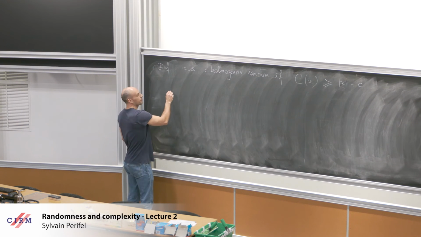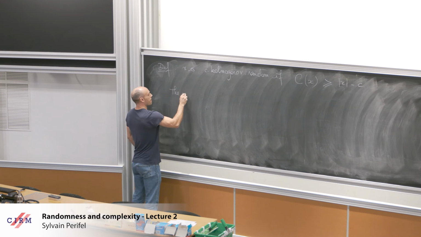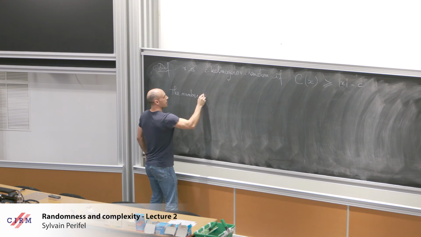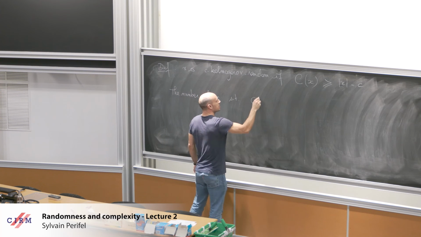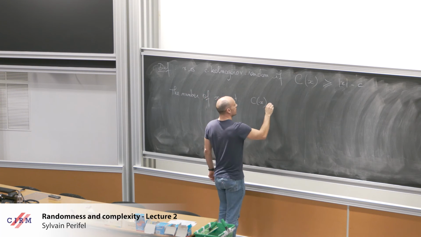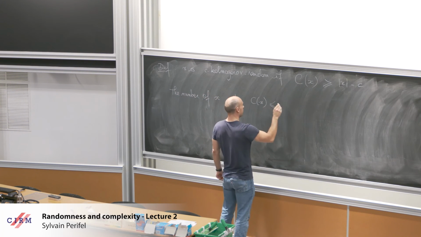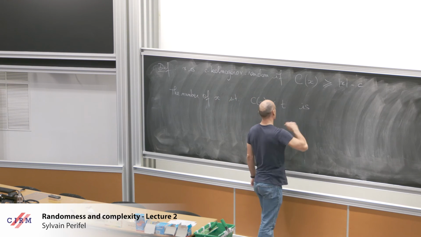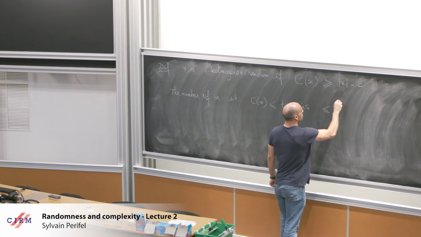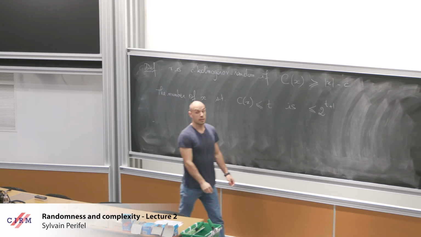So the number of x such that the complexity of x is bounded by, let's say, t, is at most 2 to the t plus 1. So why?